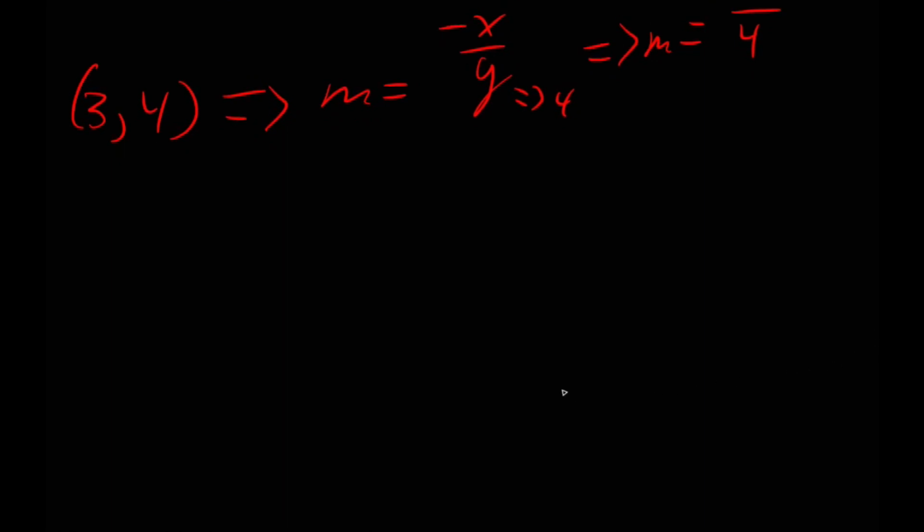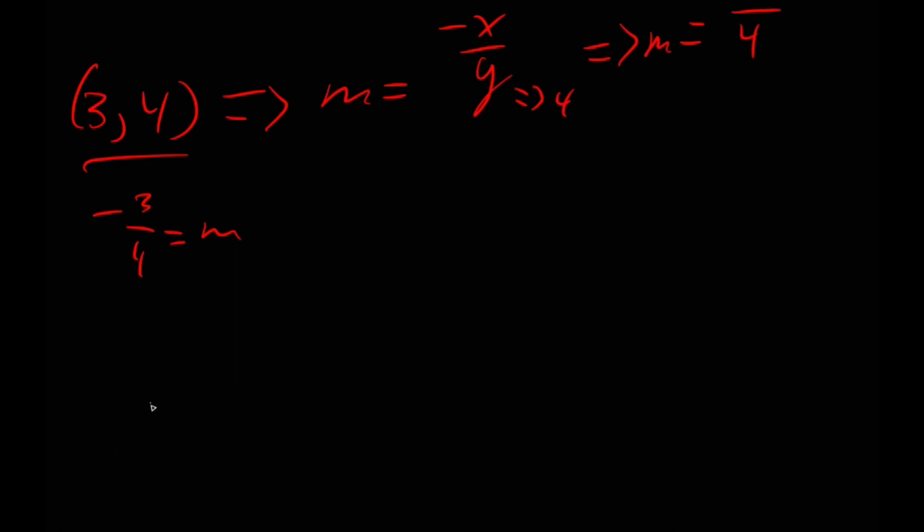Since we know our slope and we know our point, the negative 3/4 being our slope, we can put this in slope-intercept form and find an equation for where this is true.